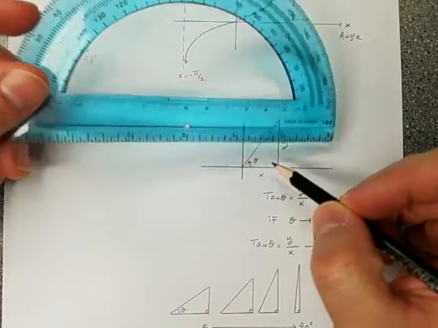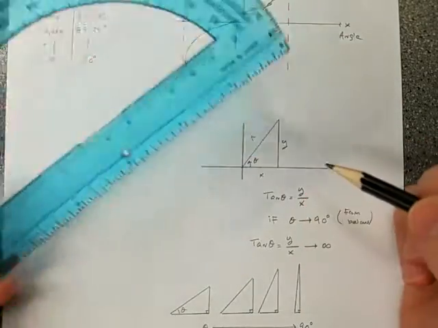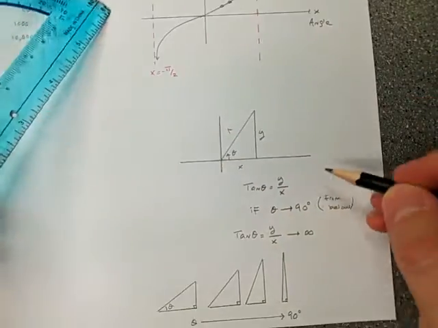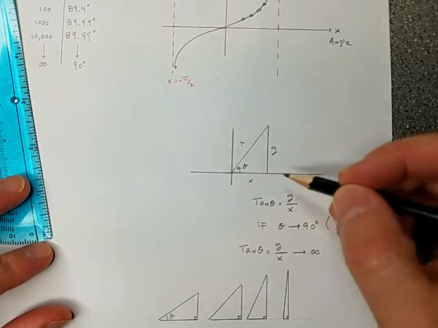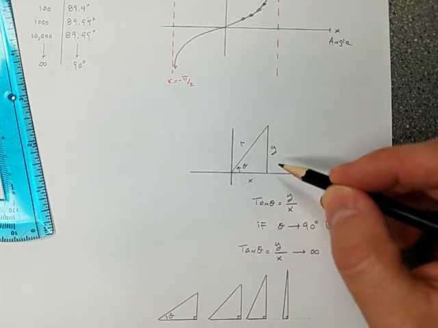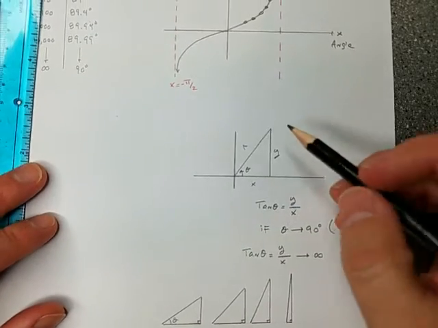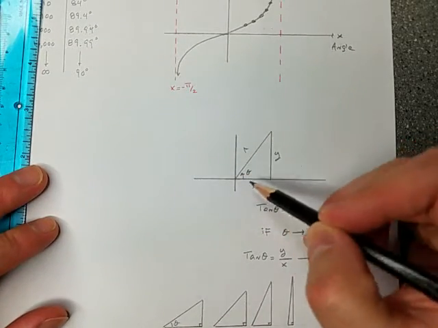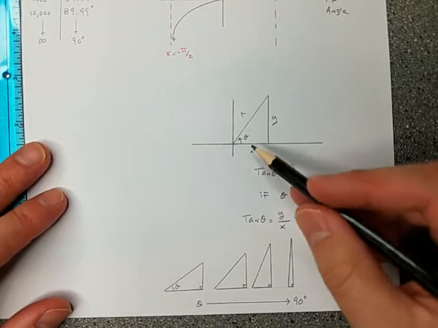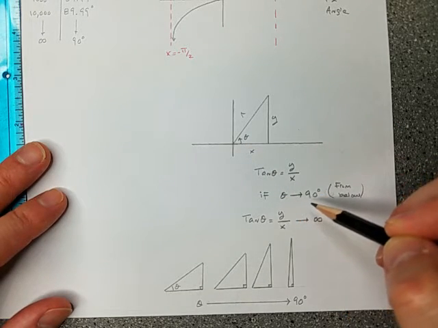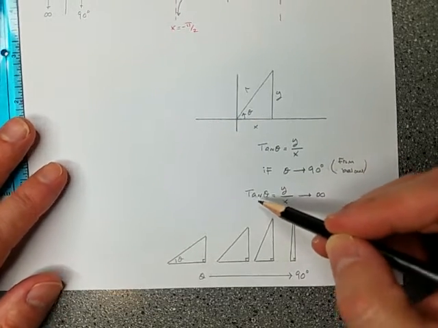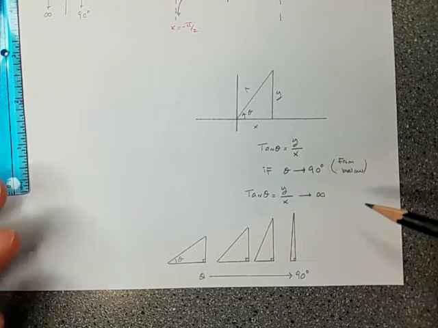You measure the sides of the triangle, and you divide this side over that side. So that's really what it is. It's measurement and division. Now, I want to claim to you that if this triangle morphs in a way that that angle right there goes to 90, since tangent is y over x, that'll go to infinity.